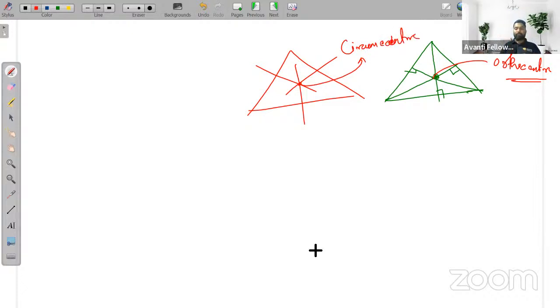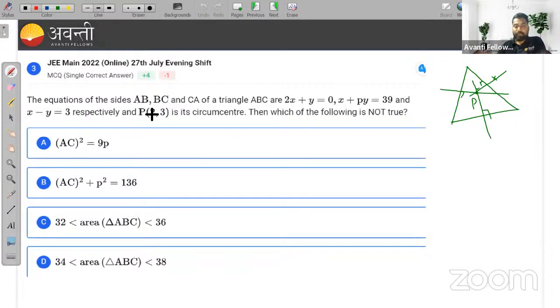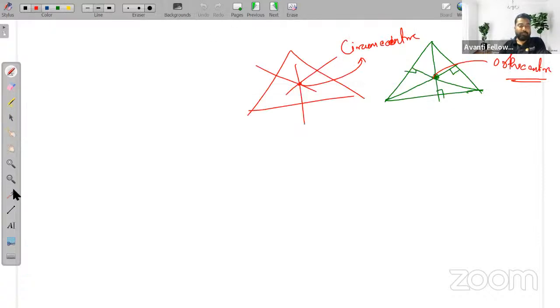So what is given in the question? The equations of the sides AB, BC, CA of a triangle ABC are given. Okay, so I am making one triangle here first.